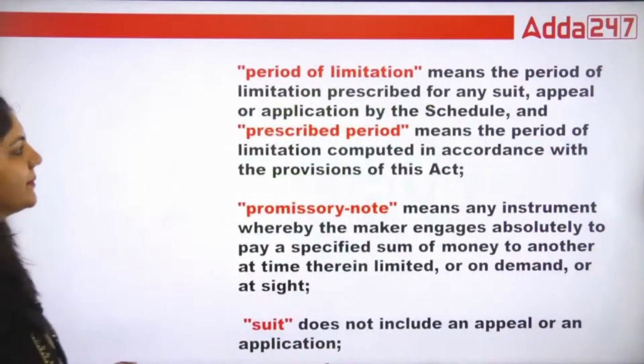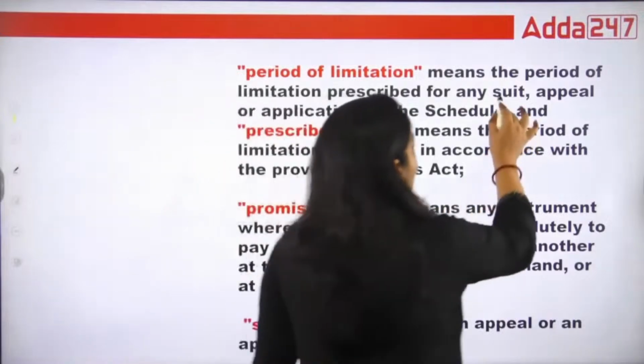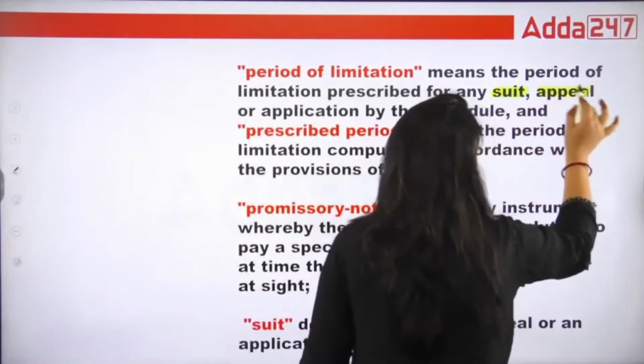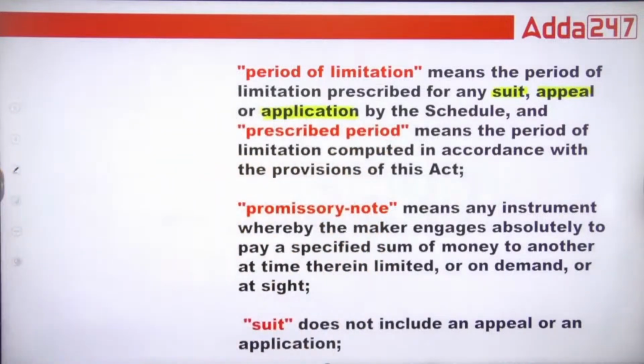What is period of limitation? First of all, this limitation period is applied on the suit, on the appeal, on the application. This is called period of limitation.